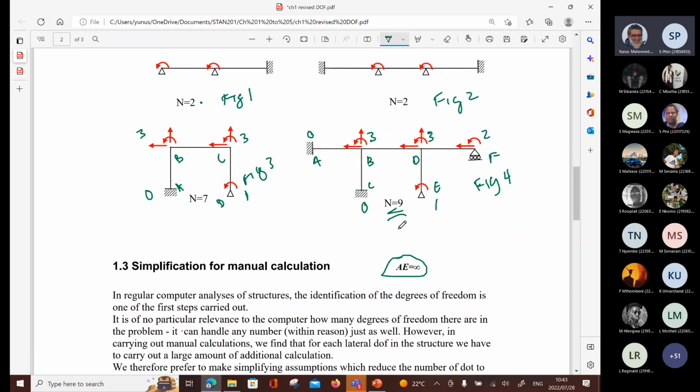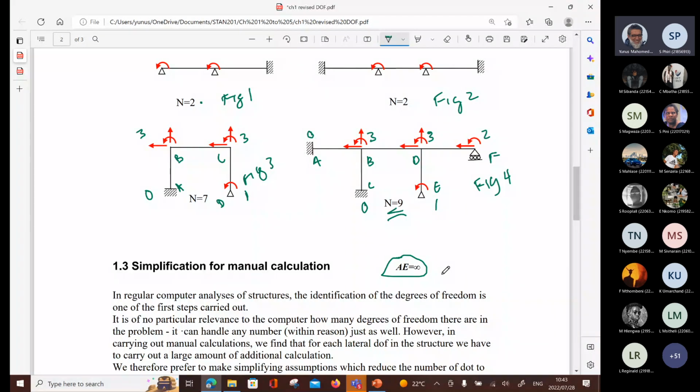In regular computer analysis of structures, the identification of the degrees of freedom is one of the first steps. When you model your structure into the computer, the first thing the program wants to see is how many degrees of freedom it has to deal with.